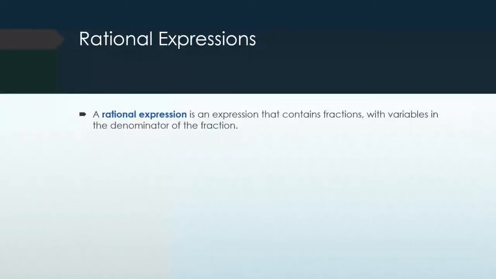So what is a rational expression, basically? A rational expression is an expression that contains fractions with variables in the denominator of the fraction. So some examples of rational expressions and non-rational expressions. A rational expression would be something like 1 over x.